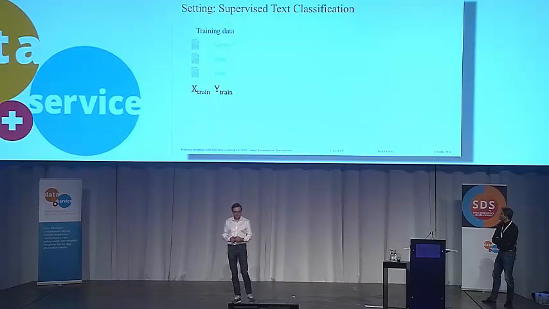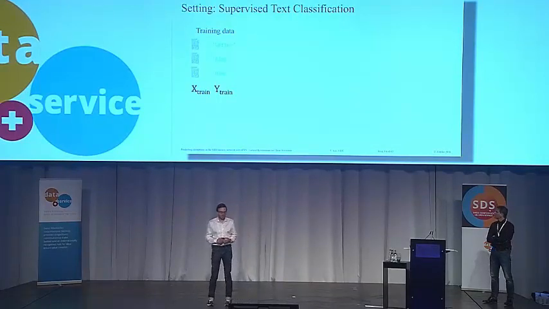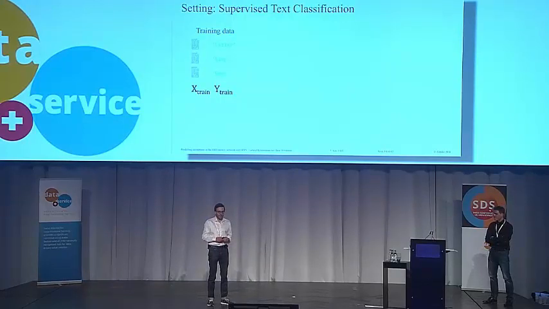And so for this, the setting is supervised text classification. As you all know, machine learning works by looking at training data in the past and then building a function or model that we can then apply to future data. So here's an example. Imagine you have a set of text documents, and you want to classify them into different types.